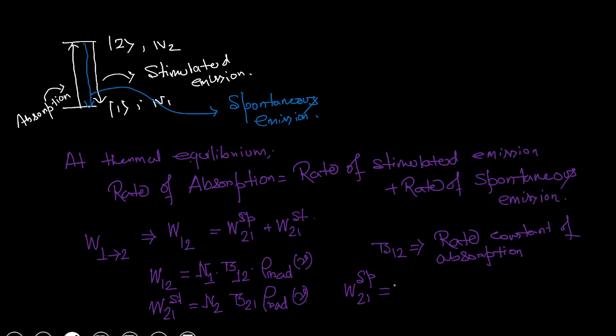So it can be written A21 N2, where A21 is the rate constant of spontaneous emission.